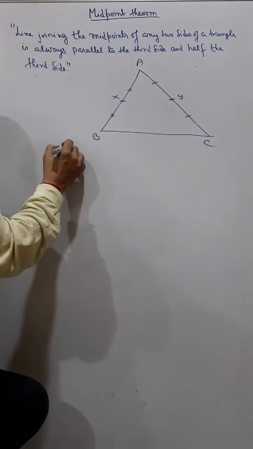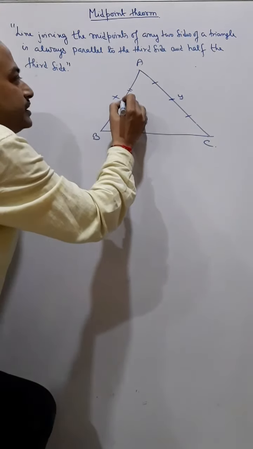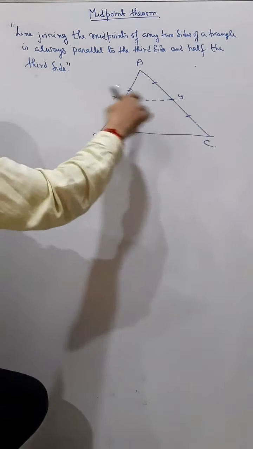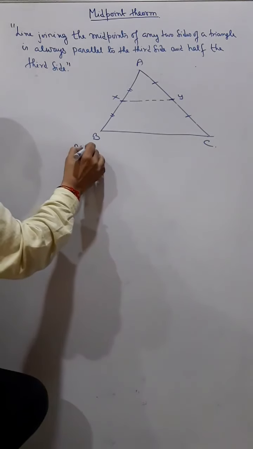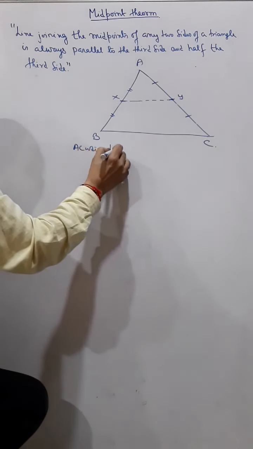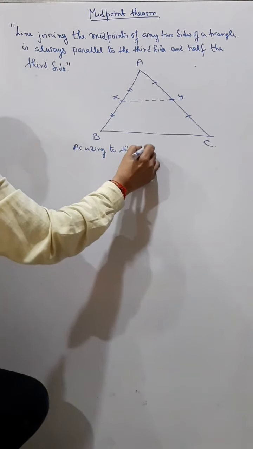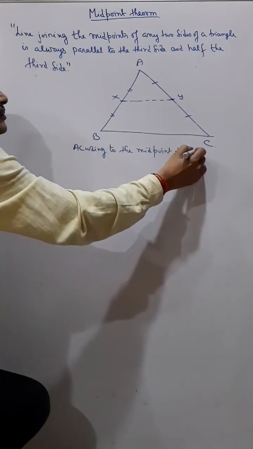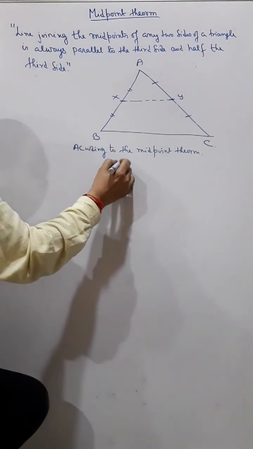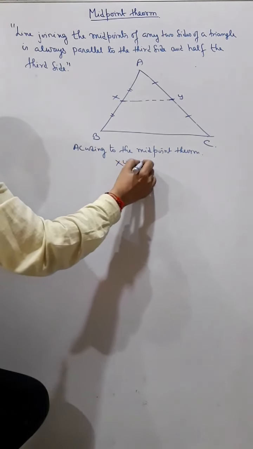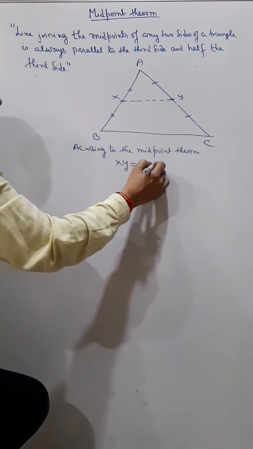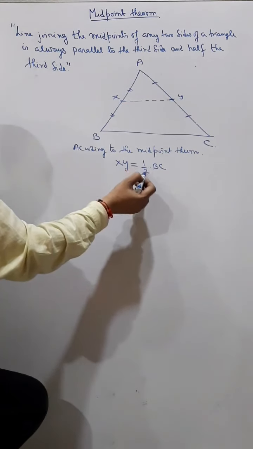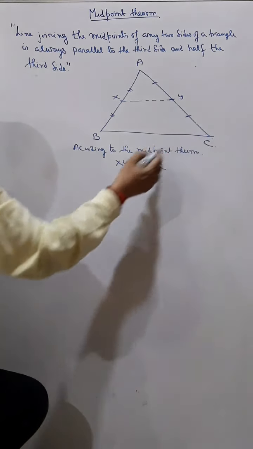That means now if I join these two midpoints of the triangle, then according to the midpoint theorem, this XY is always equal to half of BC. So that means it is always equal to half of the third side. This is the third side.